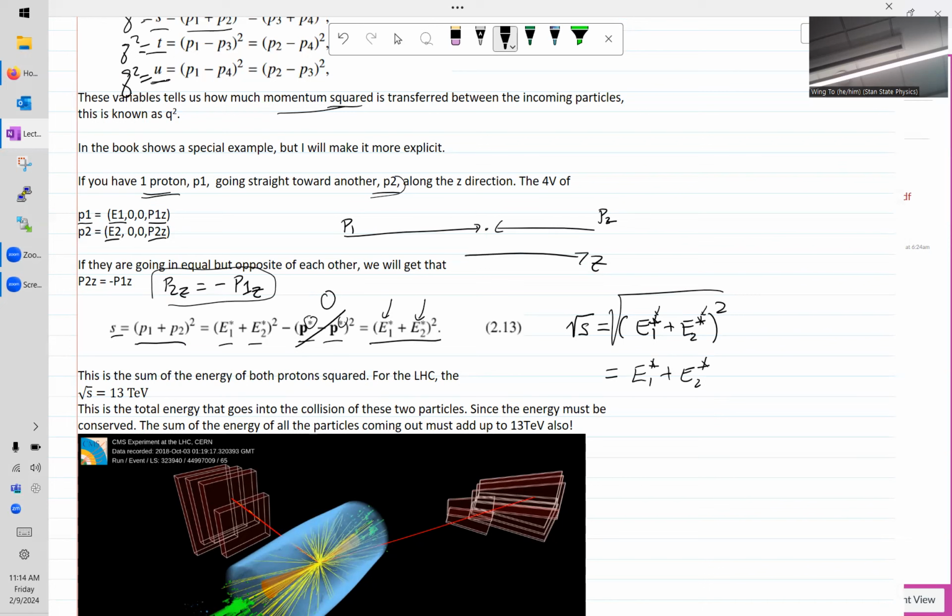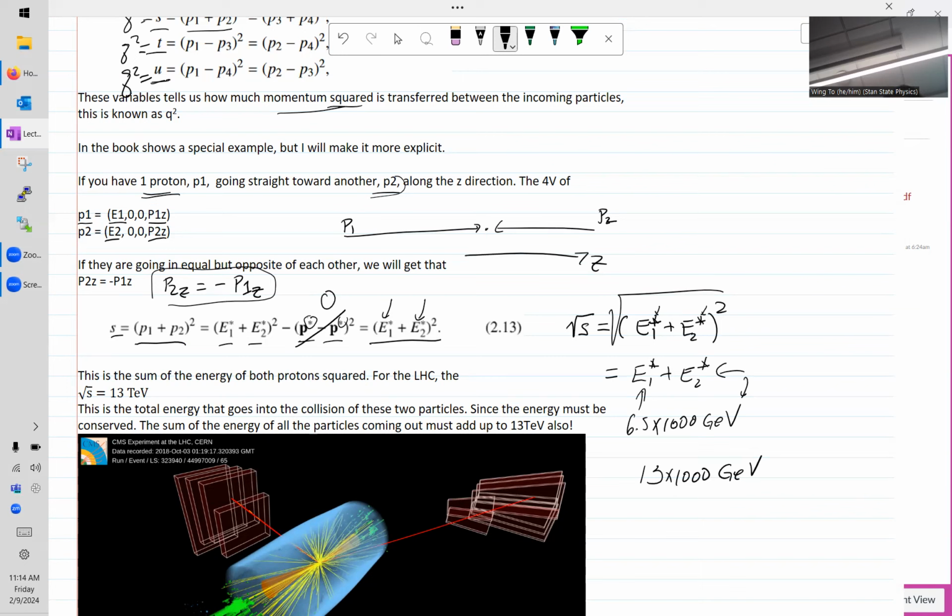So at the Large Hadron Collider, each of these beams is going to be 6.5 TeV. A TeV is 1,000 times a GeV. The same thing on this side, they both have the same energy. So when you add this up together, you have 13,000 GeV of energy that you're smashing into each other.